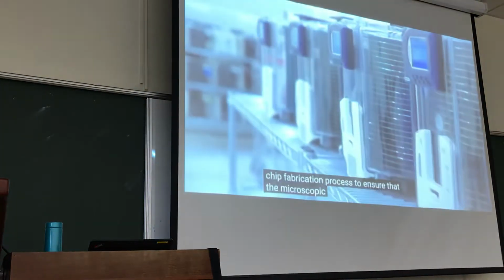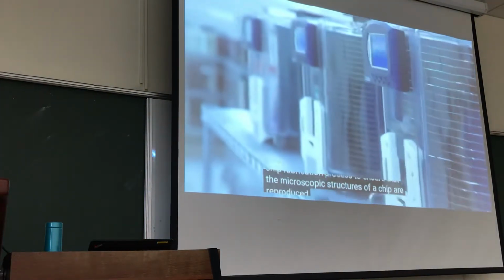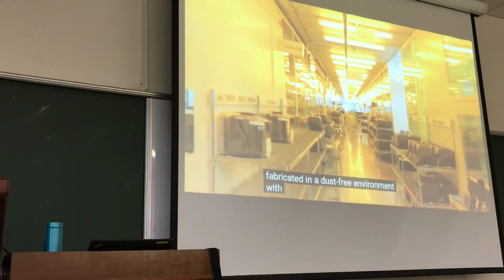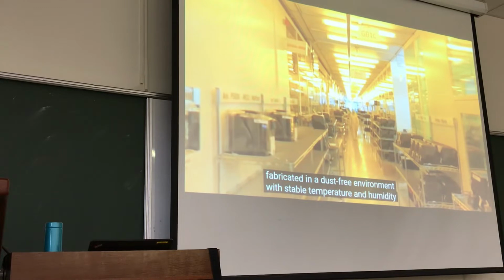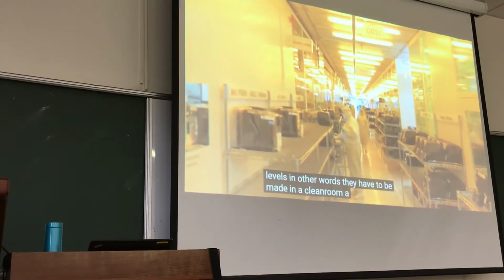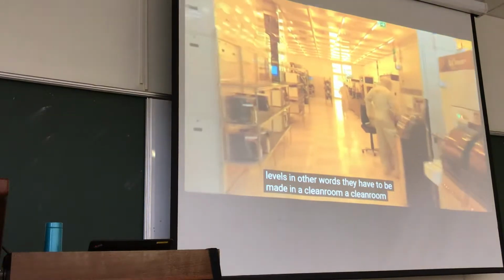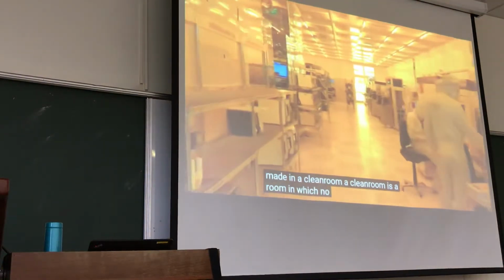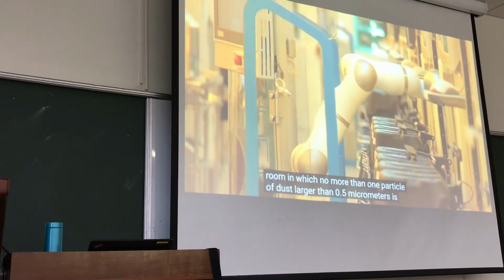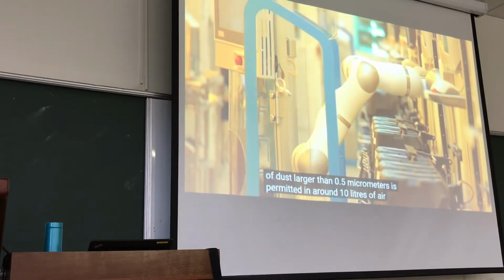To ensure that the microscopic structures of a chip are reproduced flawlessly, they have to be fabricated in a dust-free environment with stable temperature and humidity levels. In other words, they have to be made in a clean room. A clean room is a room in which no more than 1 particle of dust larger than 0.5 micrometers is permitted in around 10 liters of air.